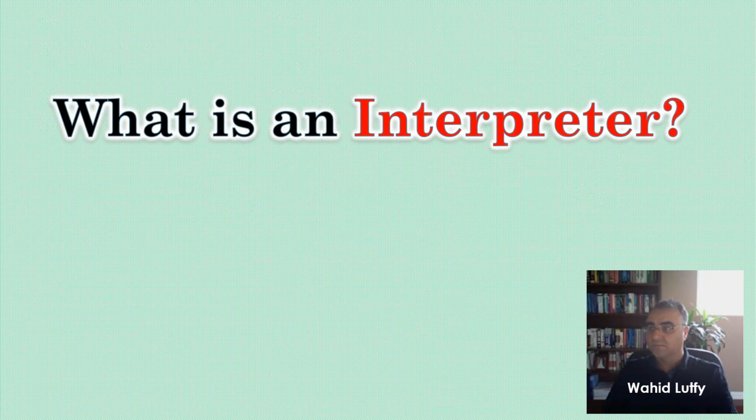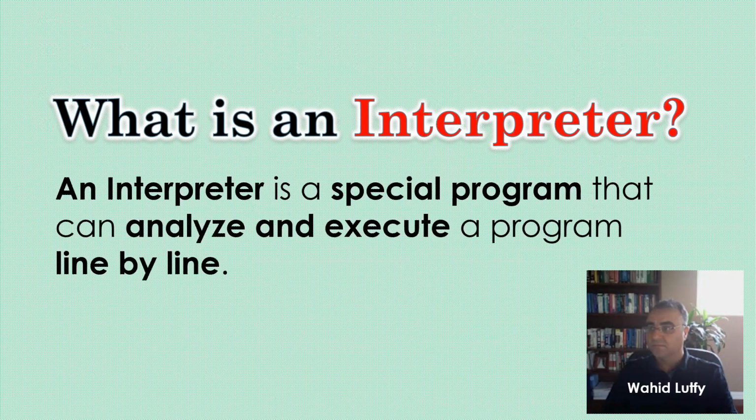What is an interpreter? An interpreter is a special program that can analyze and execute a program line by line. So it reads the first line of the code, and if it has any error, it's going to detect it, and then it's going to give you a prompt to correct it, and that is a syntax error.